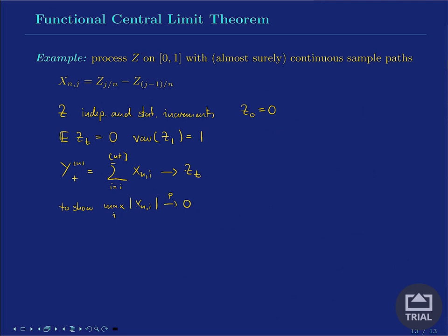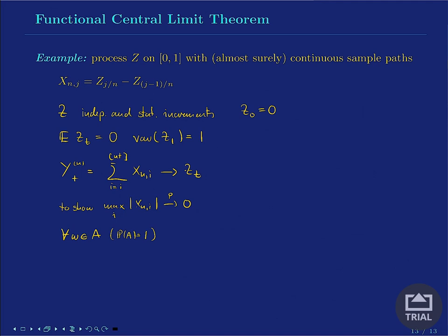And of course the reason why this is not the case, so why this converges in probability to zero, is that we have continuous sample paths. So by continuity of a sample path, we have for all omegas in a set A, where the probability of A equals 1, so almost surely having continuous sample paths, that for all outcomes but for a null set we have continuity.